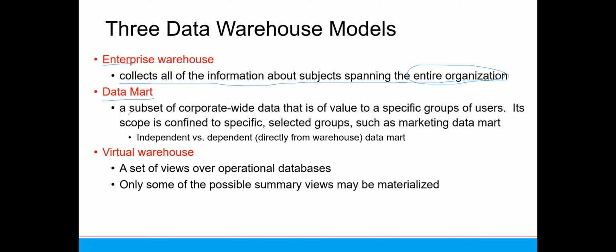Data mart is a subset, a small set, a partial of the corporate-wide data that is of value to a specific group of users. So its scope is confined to a specific selected group. For example, we have marketing data mart.